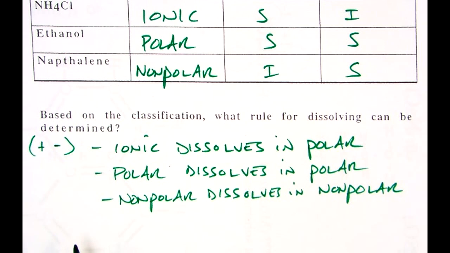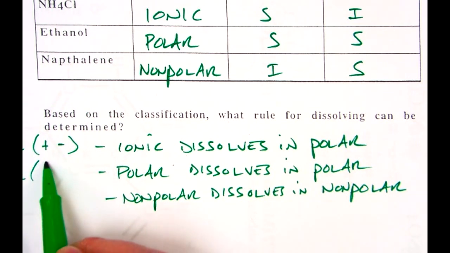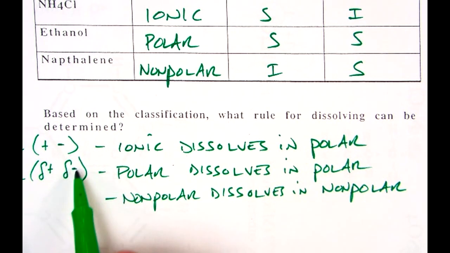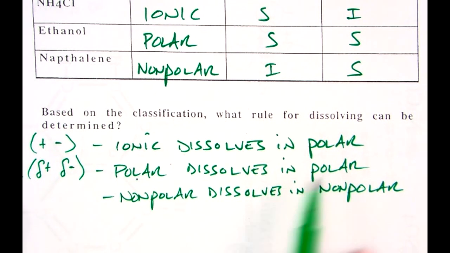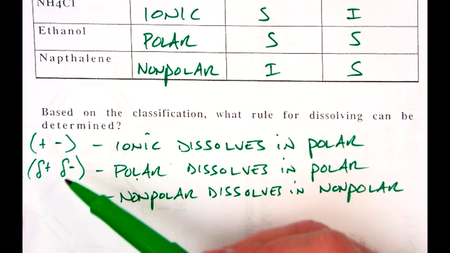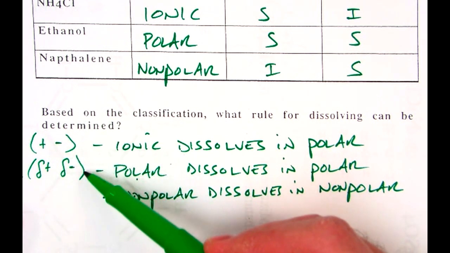We also want to remember that things that are polar have partial charges, partial positive and partial negative. And so when we think about polar dissolving in polar, things with partial charges tend to dissolve in those things that have partial charges. Also, ionic is similar to polar because they both have charges.